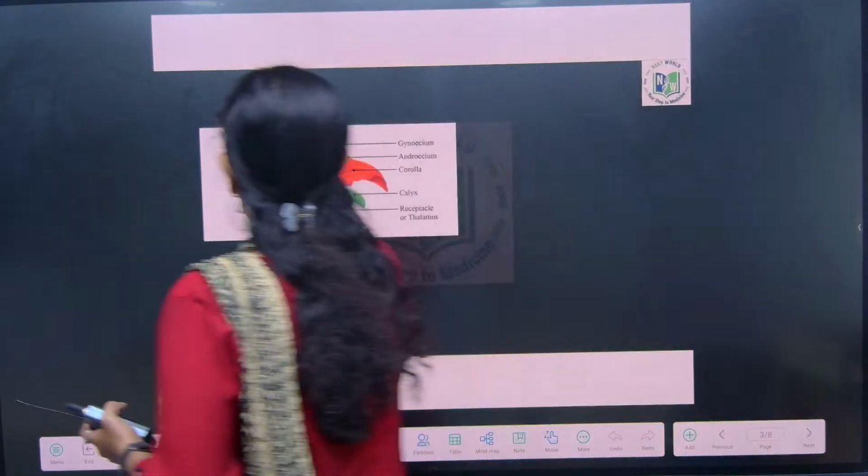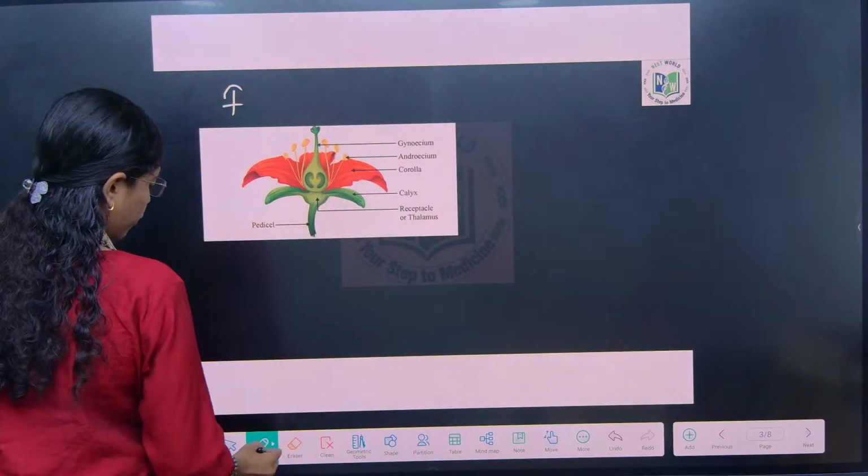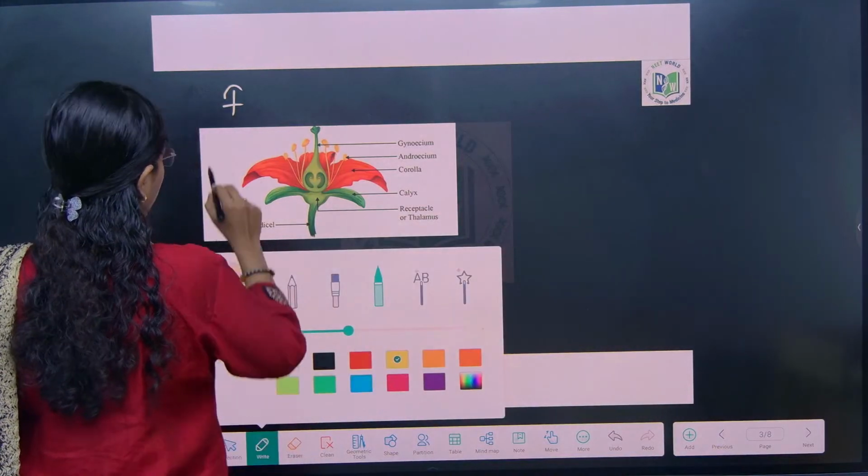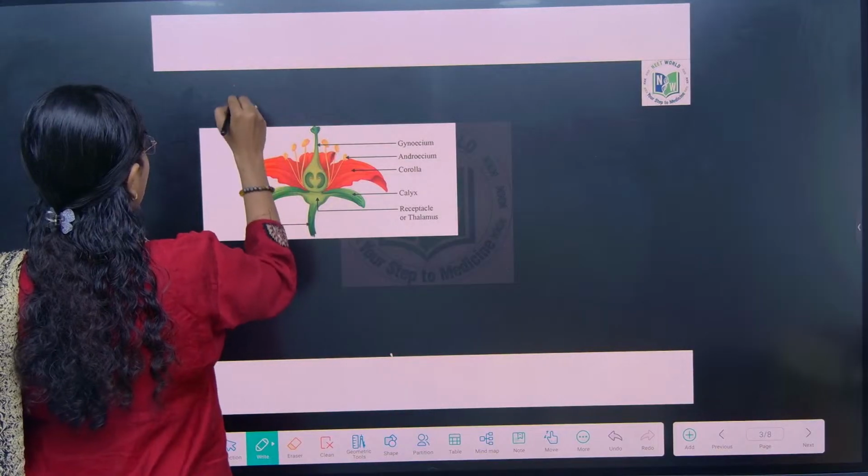First, if you consider flower, we know flower is the reproductive organ of the angiosperms.